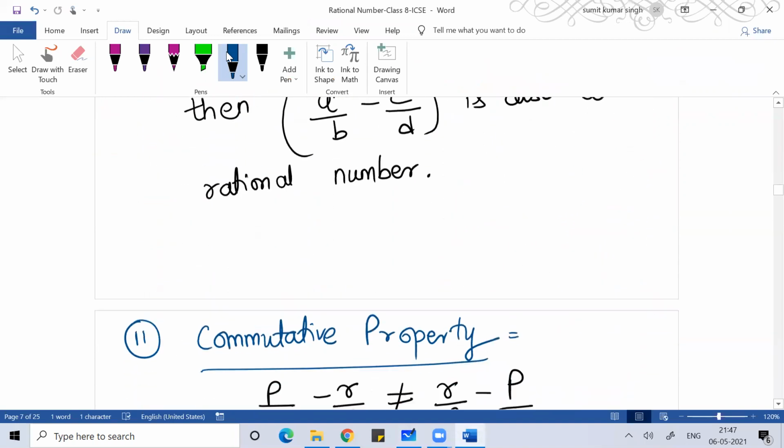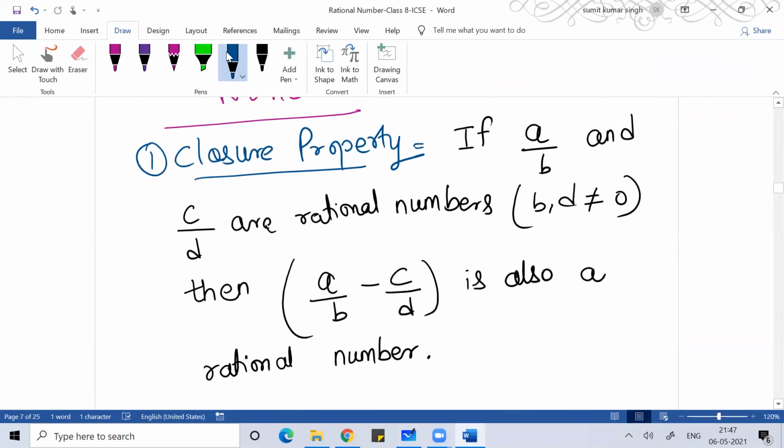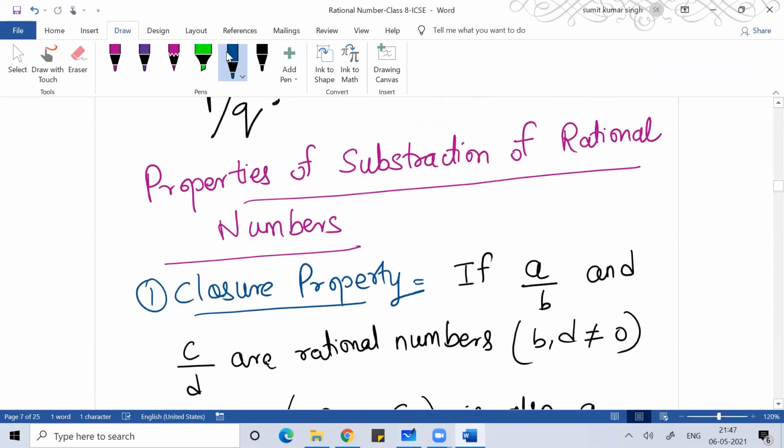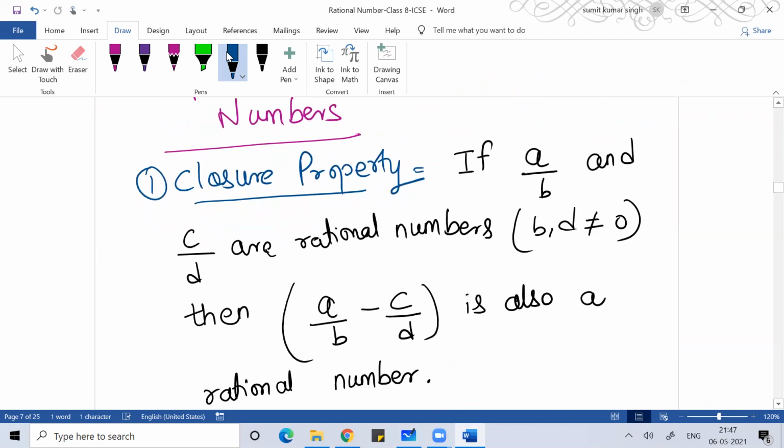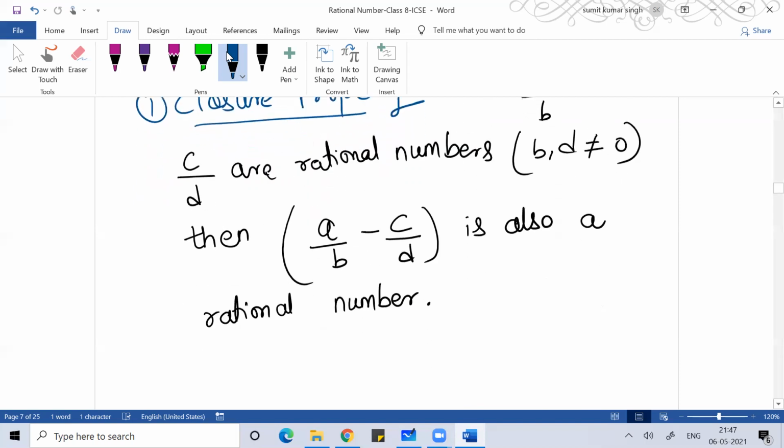I hope you understood this. I already spoke about the closure property of addition of rational numbers, and similarly the closure property in case of subtraction. In both cases, the result is a rational number.